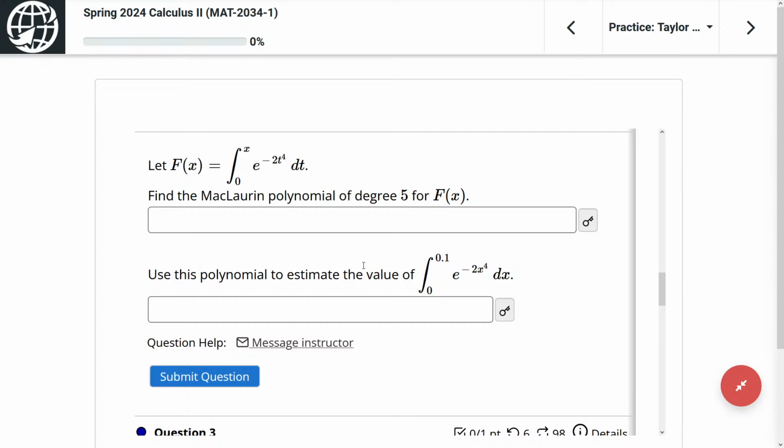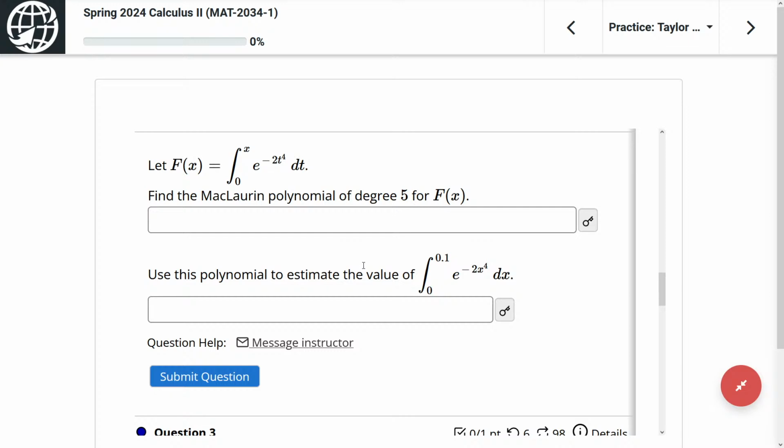Okay, so here's the deal. This is very similar to what we just did, but it's a fourth degree polynomial up there, but you're going to do the exact same thing. So we want to get a Maclaurin series for the polynomial of degree 5 for this thing. You might say, wait a minute, what in the world does that mean? Well, what this means is that you're going to do the antiderivative of this. And then you're going to subtract off 0, but don't worry about that right now. So basically that's just looking for the antiderivative.